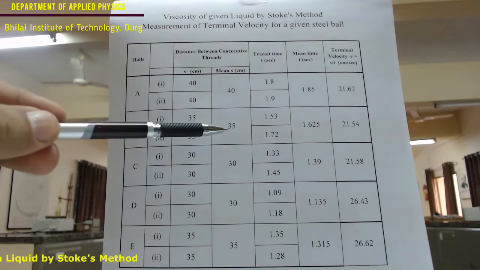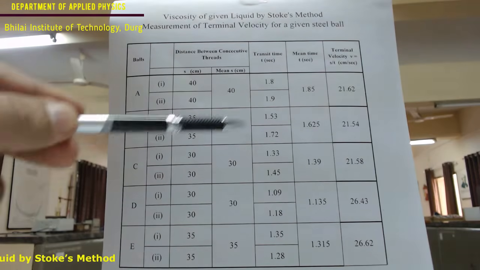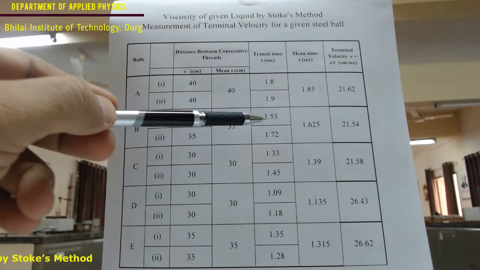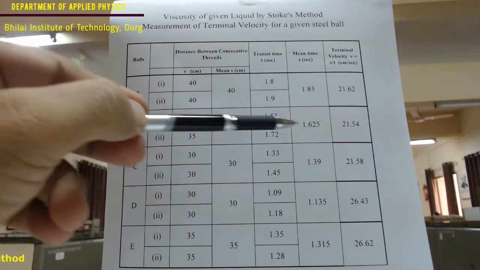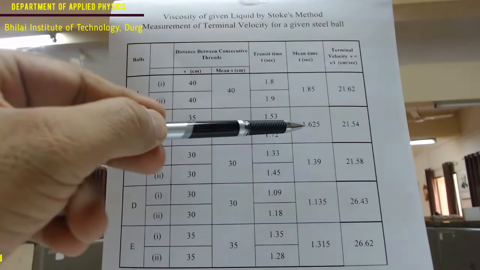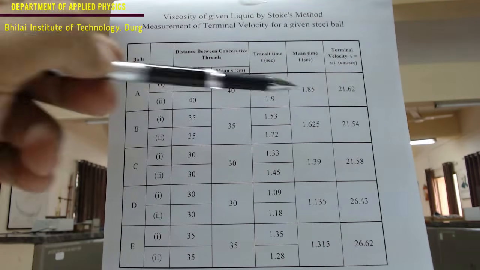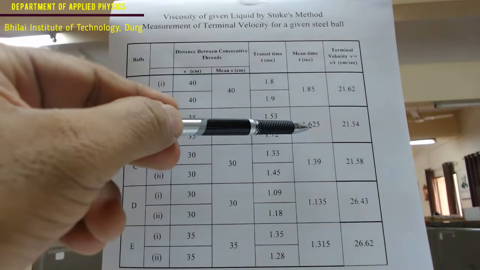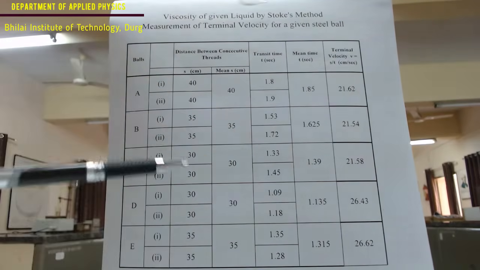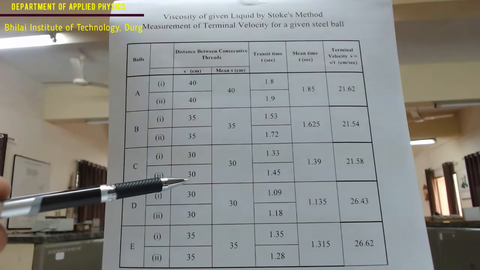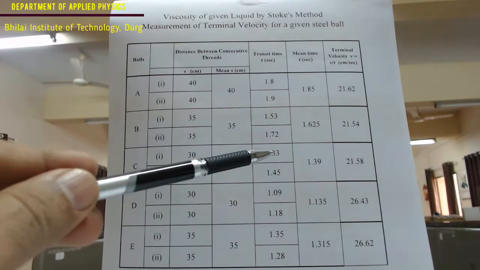So the mean distance becomes 35 centimeter. Time taken is 1.53 second for the first distance of 35, 1.72 for the second distance of 35. The average is 1.625. So the average distance 35 divided by the average time interval 1.625 gives us the velocity 21.54. Similarly, for 30 centimeter, same ball, we have taken the velocity.